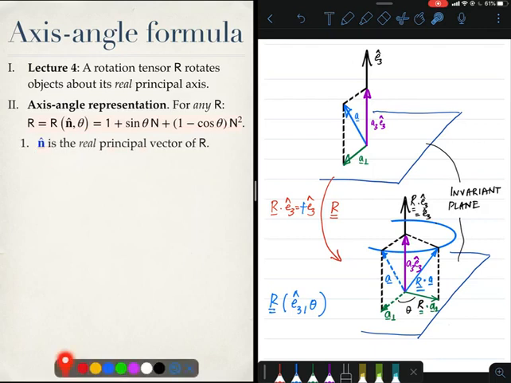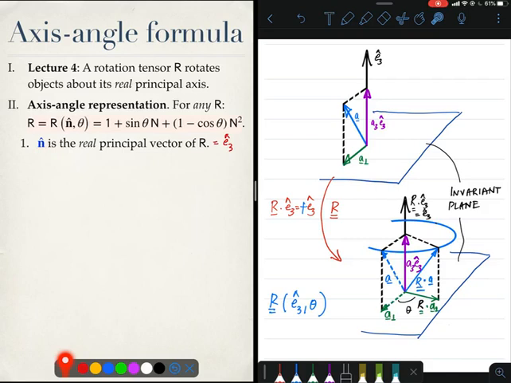Here n is the real principal vector of R, which over here we have said is equal to E3. Okay, so I have used an unbiased representation n as opposed to a biased representation E3, because E3 is already numbered. So that's what n is.